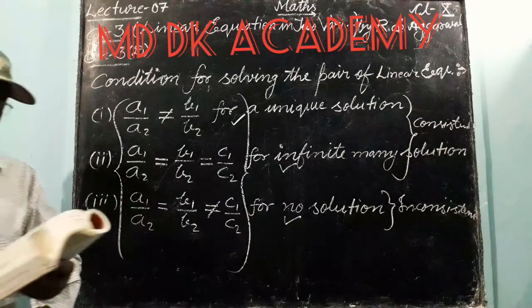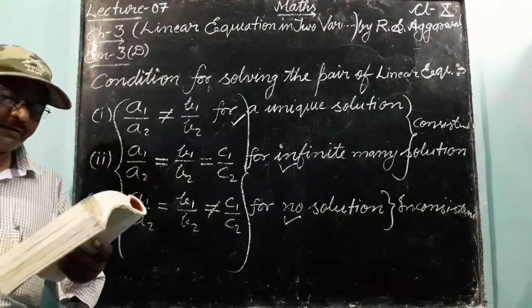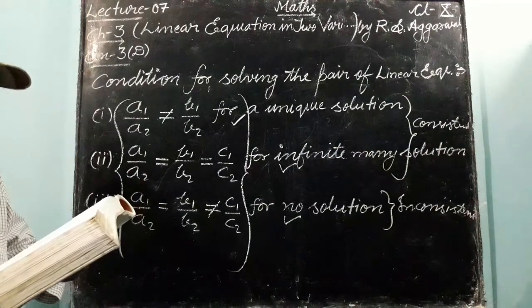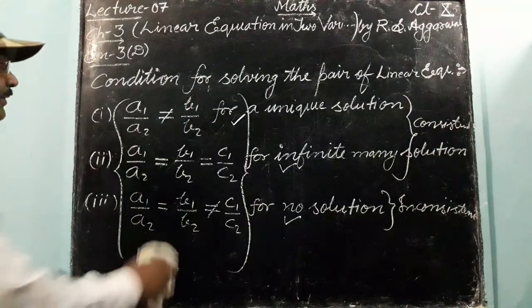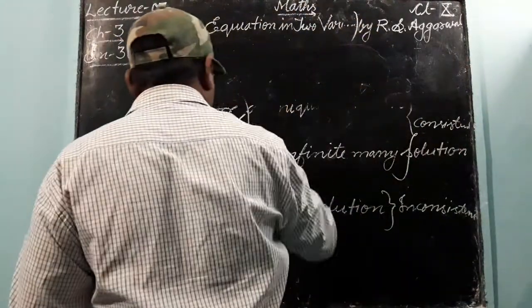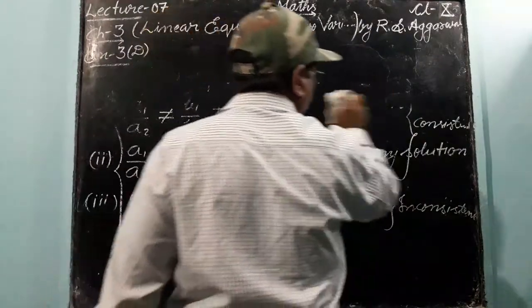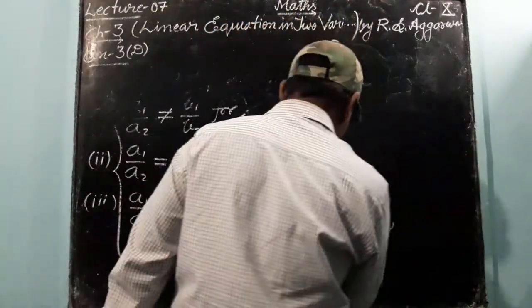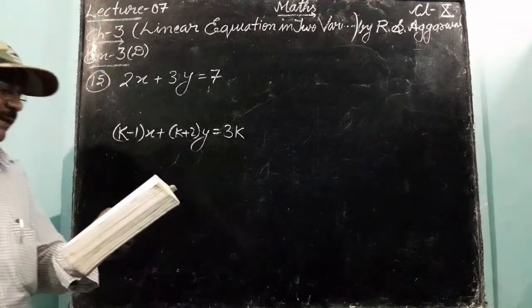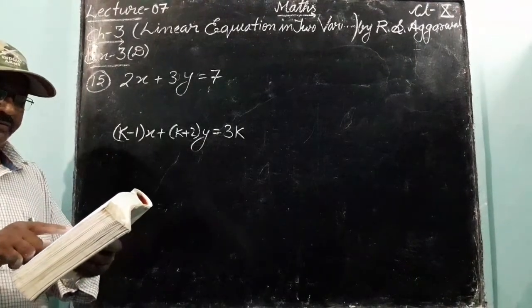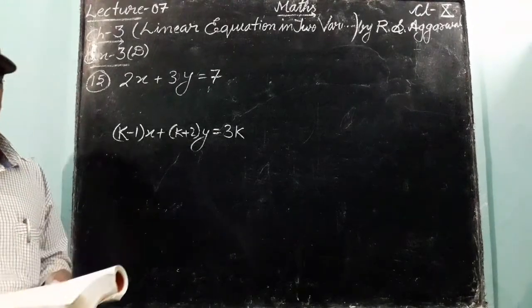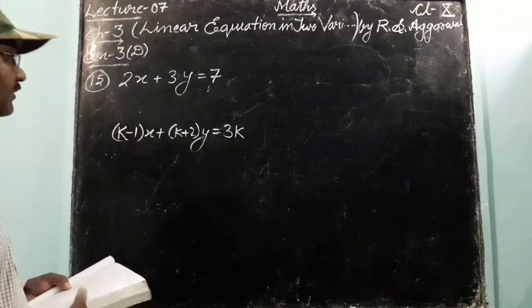It asks: find the value of k for which each of the following systems of linear equations has an infinite number of solutions.